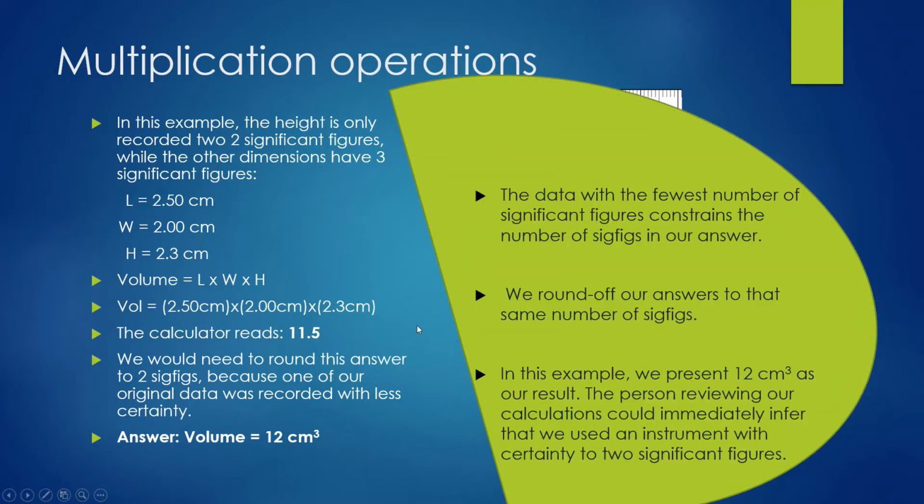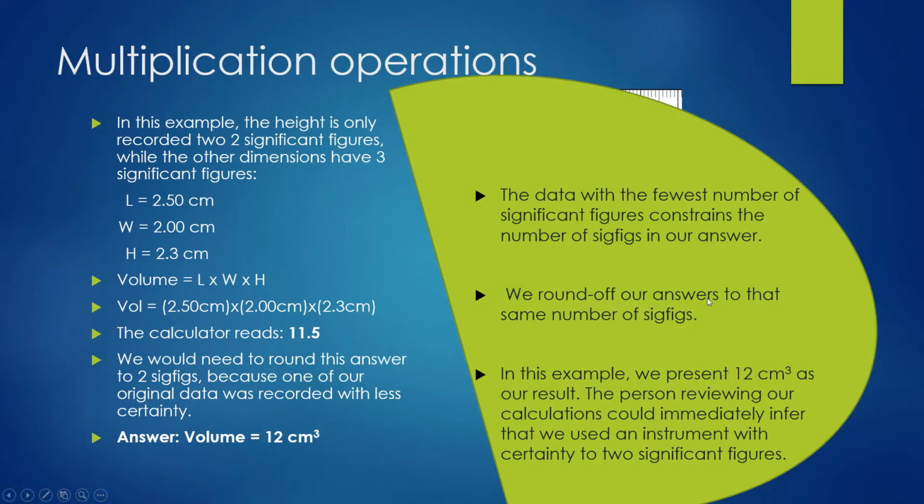The key points are that the data with the fewest number of significant figures constrains the number of sig figs in the answer. And in this example, the length and the width have 3 sig figs, but the height only has 2 sig figs. Therefore, our answer can only have 2 sig figs.